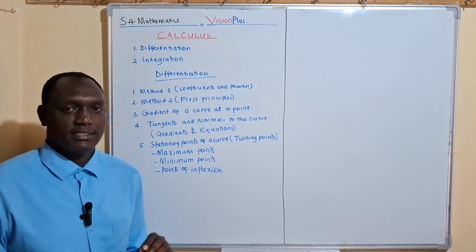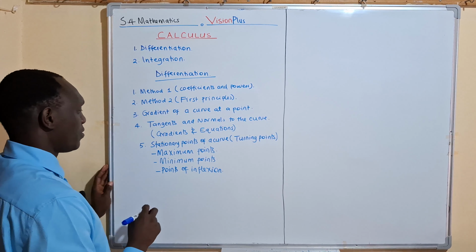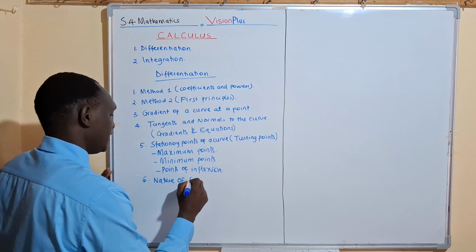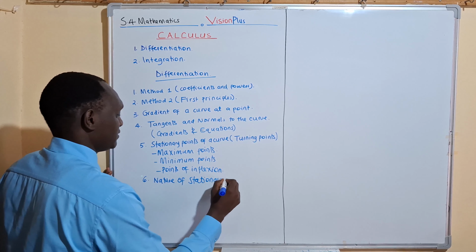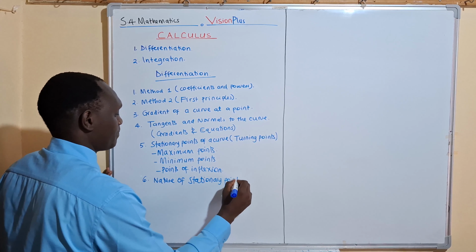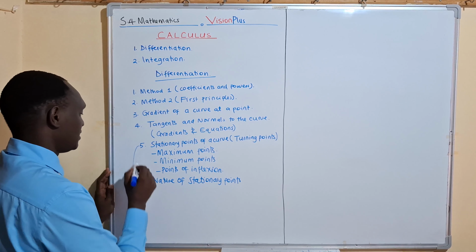After looking at stationary points, then we shall go on to look at the nature of stationary points. But 5 and 6 are together.